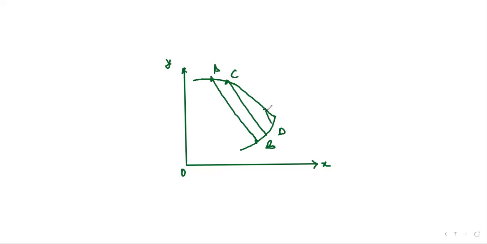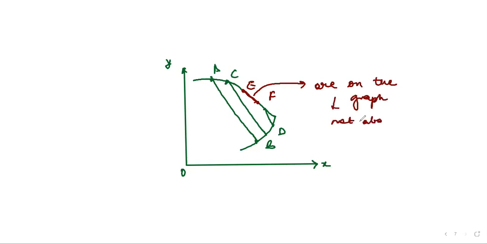If I take these 2 points and join them, the line is never above the graph. So, it's satisfying concave. But supposedly, I take these 2 points, E and F, and I join them. Then these 2 points are on the graph. But they're also not above the graph, right? But they're on the graph.